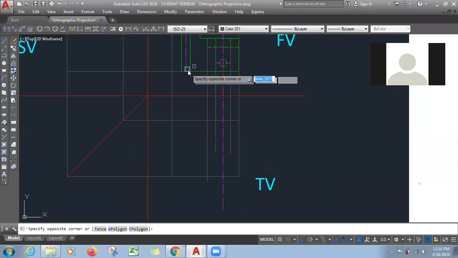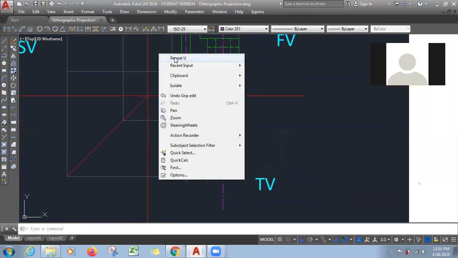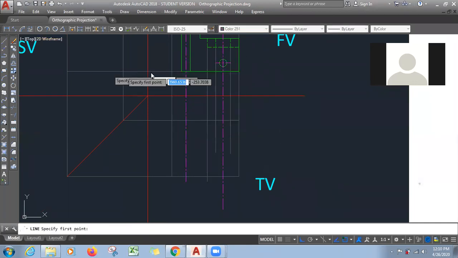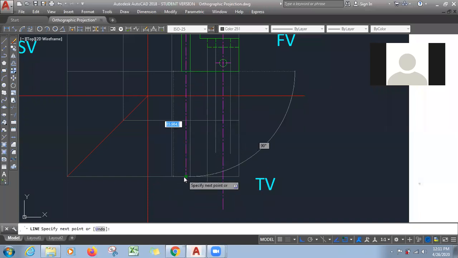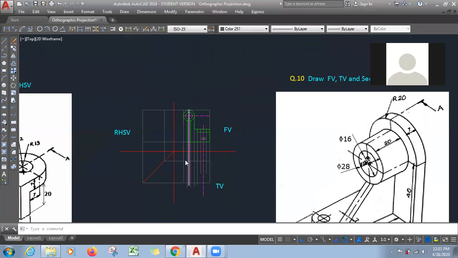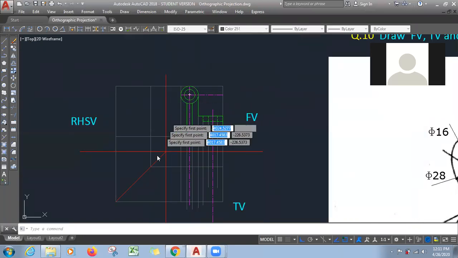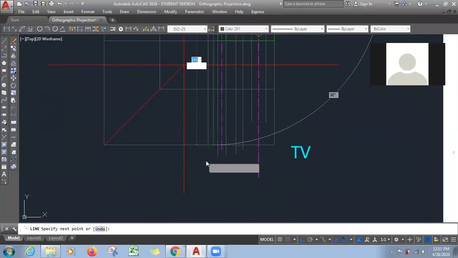Again, this center line we can project as a center line. Take line, draw projectors, repeat. Okay, here we already have. So this first circle's projectors are remaining.